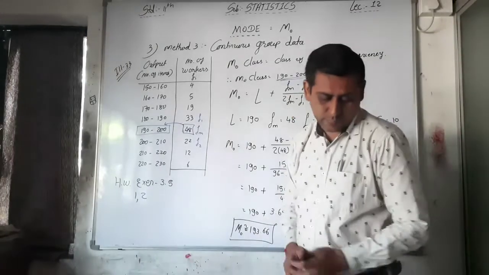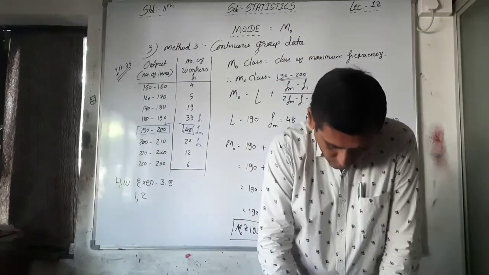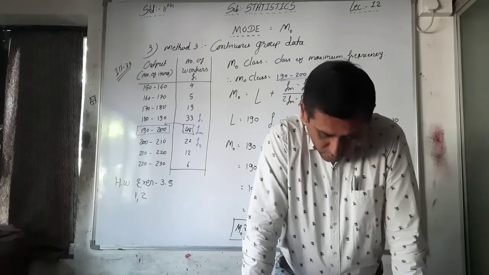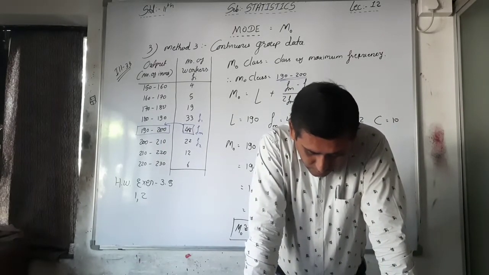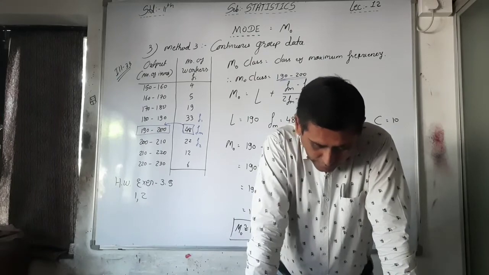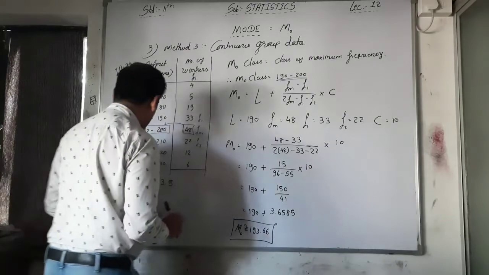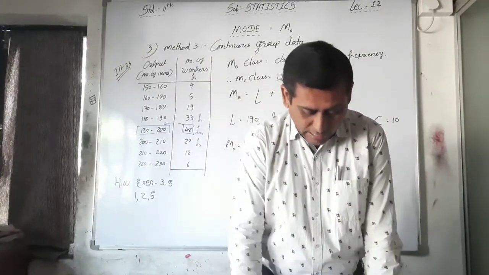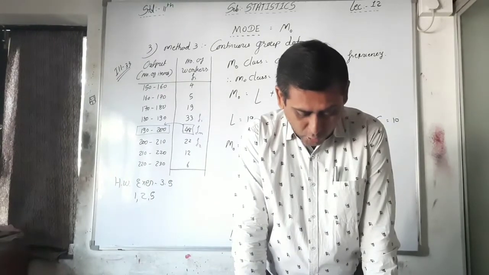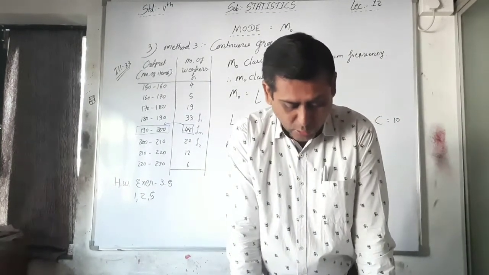Okay, next one, you cannot use that also. Okay. The fifth question is your simple question. Weight of apples in grams: 20 to 30, 30 to 40, 40 to 50, 50 to 60, 60 to 70, 70 to 80, and 80 to 90.